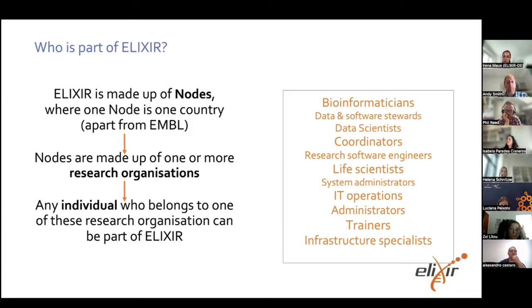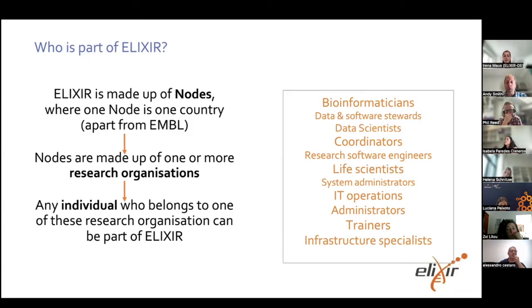But of course, and I'll mention later when I talk about some of the stakeholders of Elixir, the reason why Elixir is connecting experts from nodes is so that they can provide services and resources to the external user community as well. So hopefully that gives you a little idea about who is typically part of Elixir.